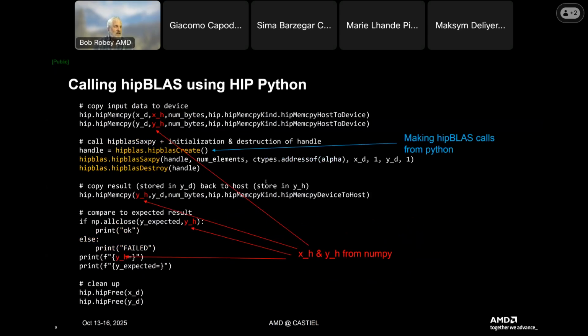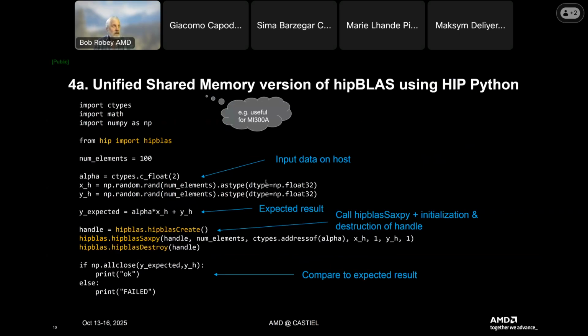So look at the exercises. There's an exercise showing doing the same operation on an MI300A. And so here's the source code for that version. So you notice here we just create the arrays on the host, and we can directly use that in the BLAS call.